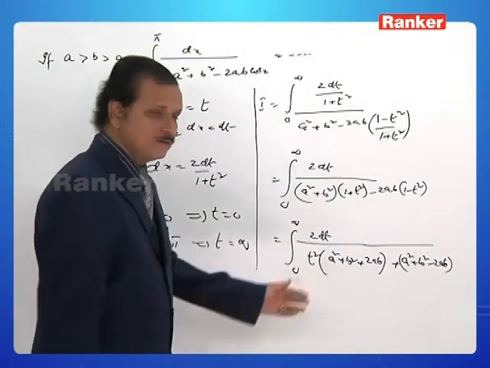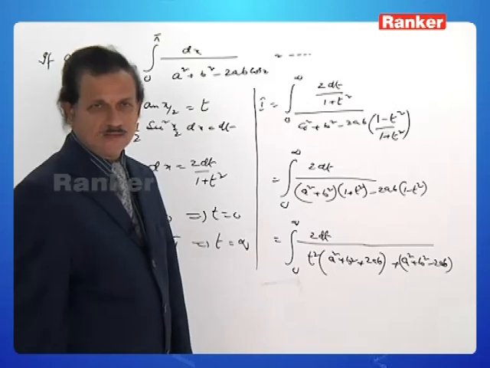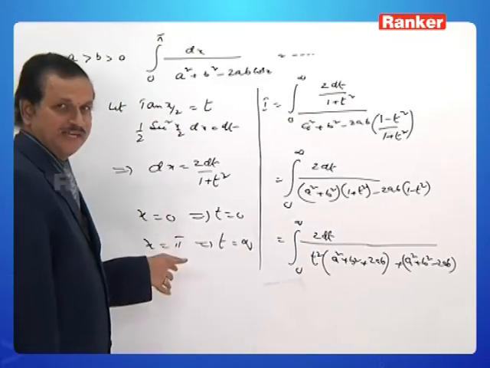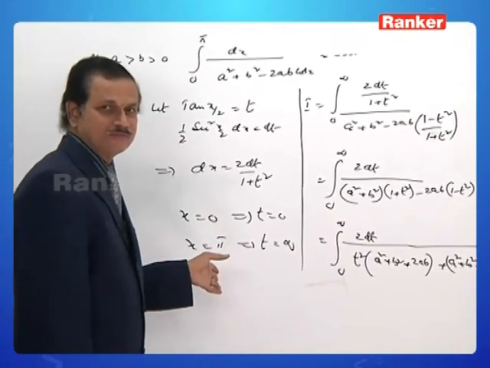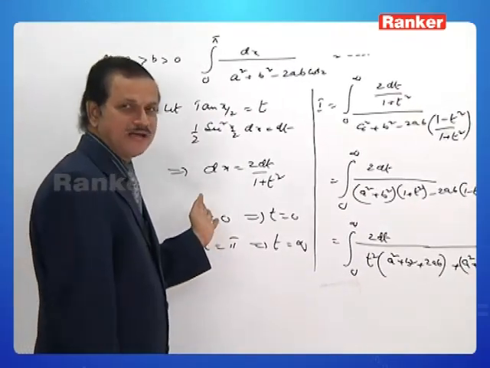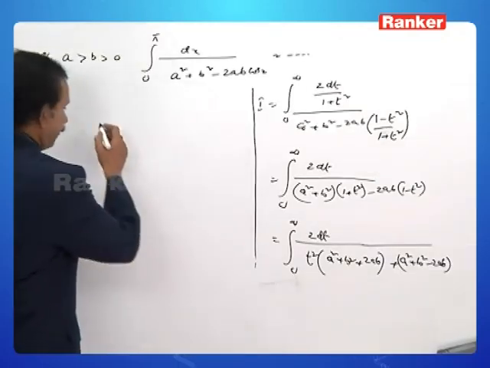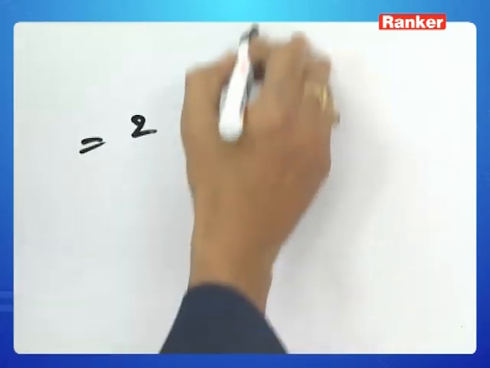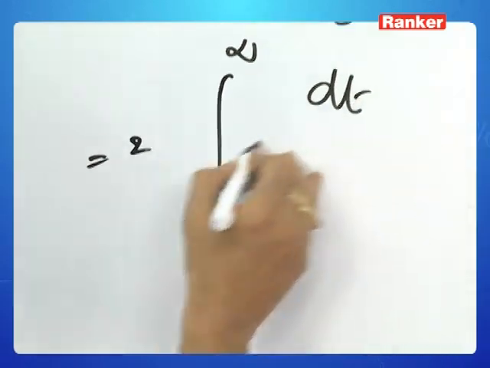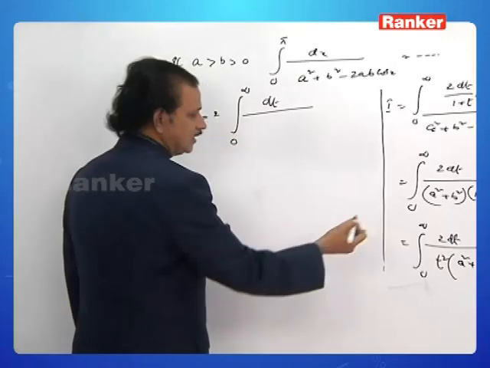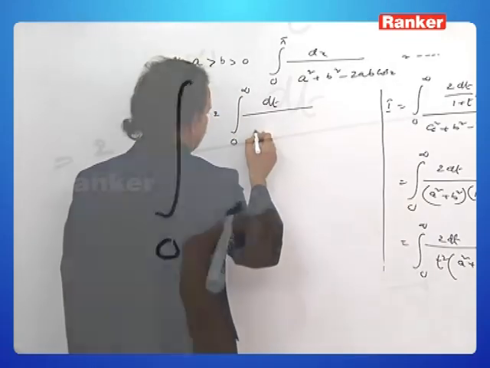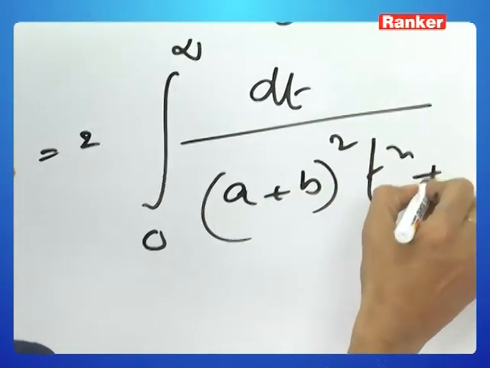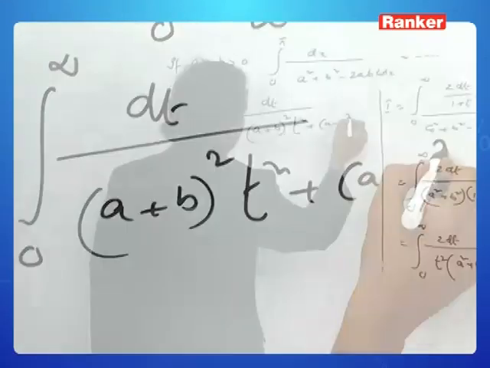Well, so we can still simplify that, and to do that, I need this space. So I like to remove these steps. You please note them down in your mind first of all. This is therefore equal to 2 into integral 0 to infinity dt by a plus b whole square t square plus a minus b whole square.